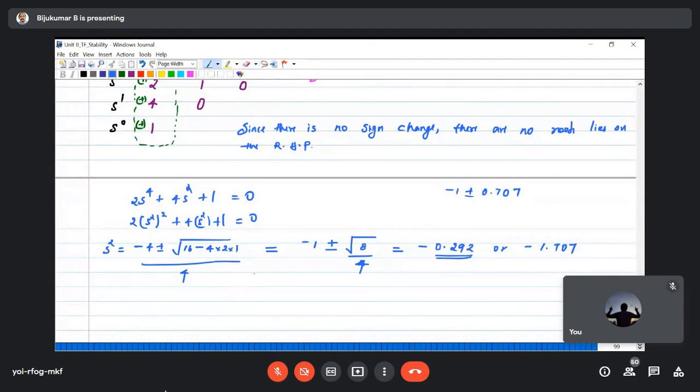So now that is s square, right? Our aim is to find s. S becomes square root of minus 0.292 or square root of minus 1.707. So this can be written as plus or minus j. Can you tell me the root of 0.292?